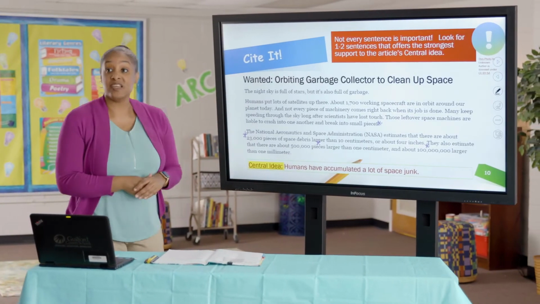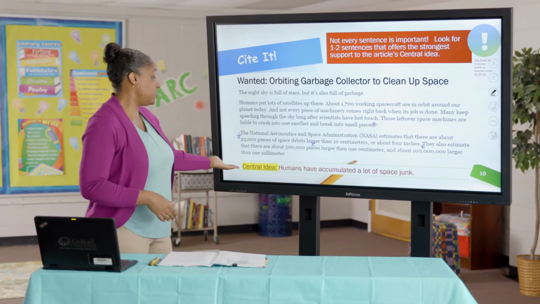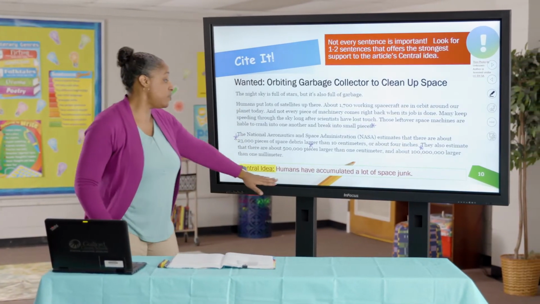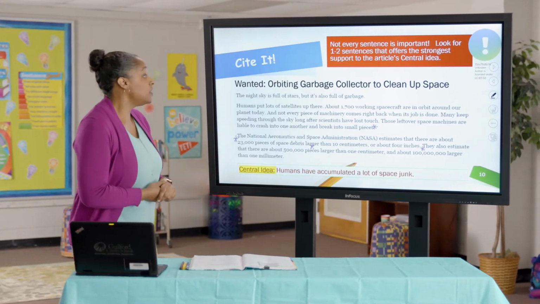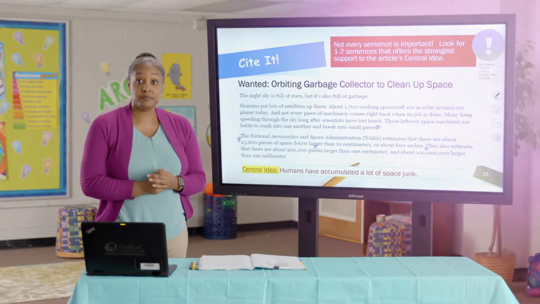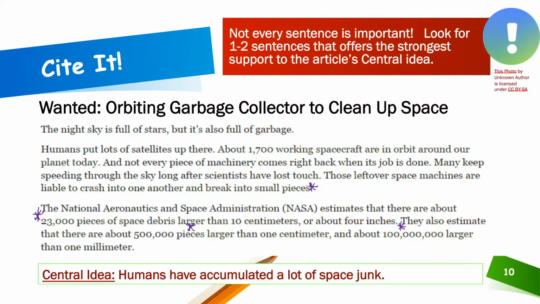Now, let's find some evidence that supports the central idea of this section, that humans have accumulated a lot of space junk. Was there anything that stood out to you? Stick to around 1 to 2 sentences that best support the central idea of the text. Here's the sentence that I think will best support our central idea.